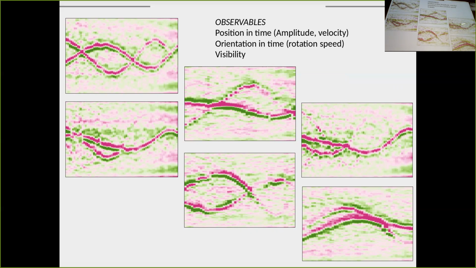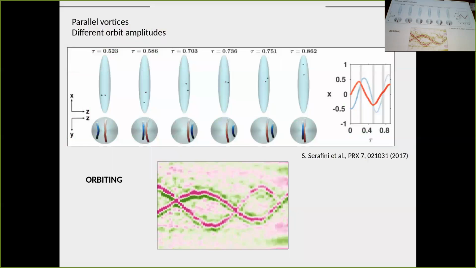In other situations, like this or this, the visibility changes a lot. And this, of course, is very important in order to understand what's going on. So we can, in principle, classify the interaction against, for instance, the relative orientation of vortices.